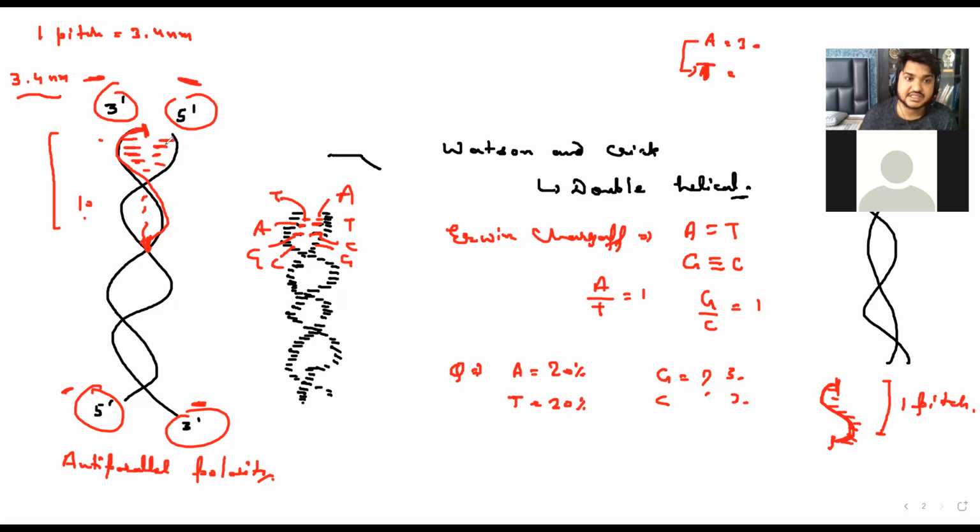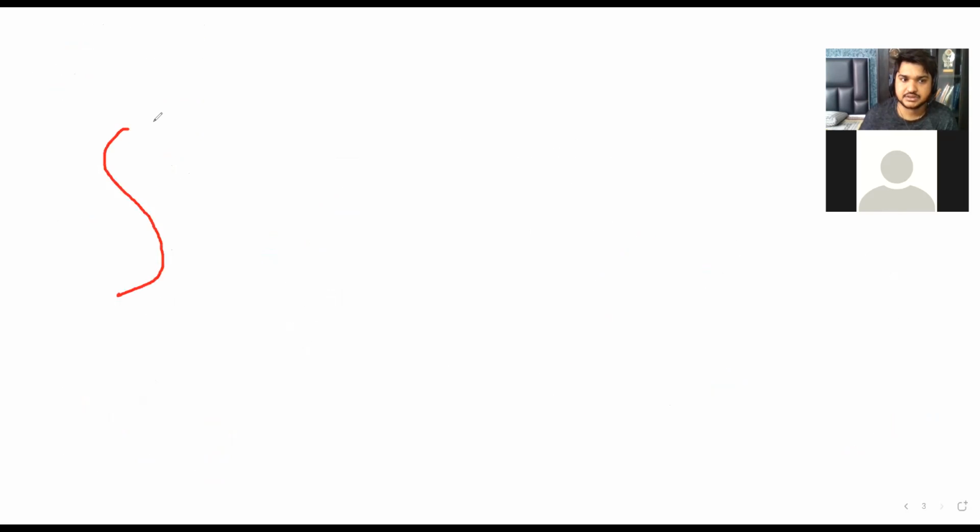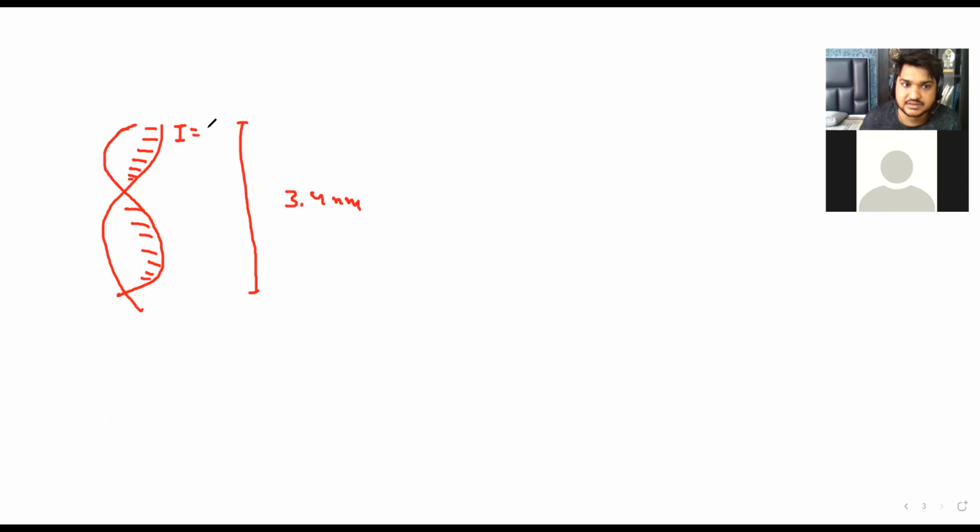So can you tell me the distance between two base pairs? If one pitch has a total distance of 3.4 nanometer and there are total 10 base pairs, and I am asking you only this distance from here to here, don't you have to divide by 10?